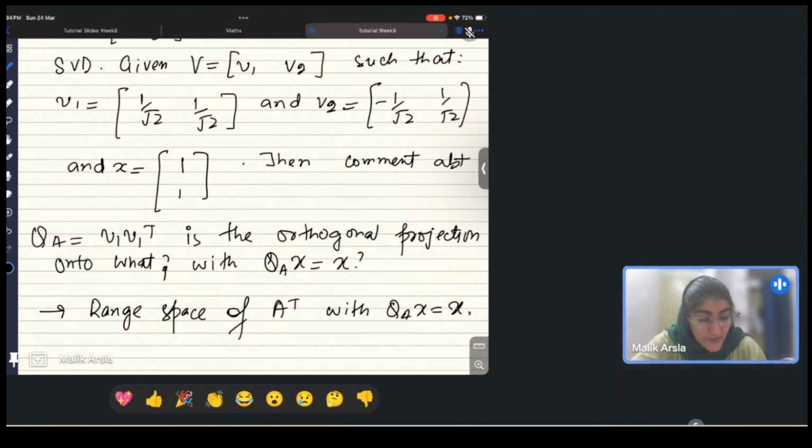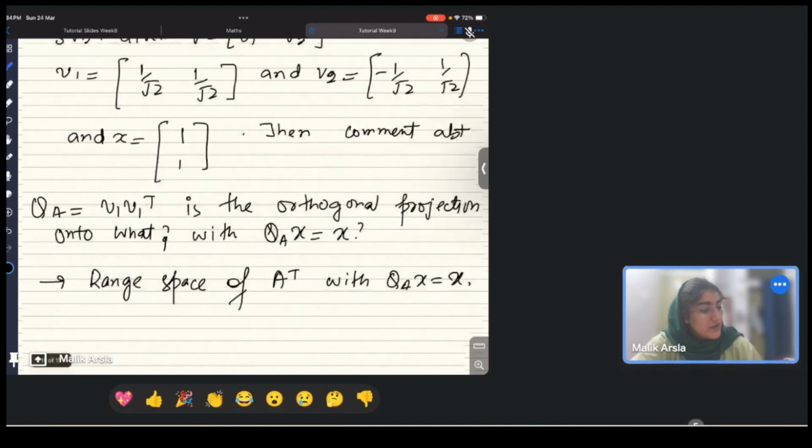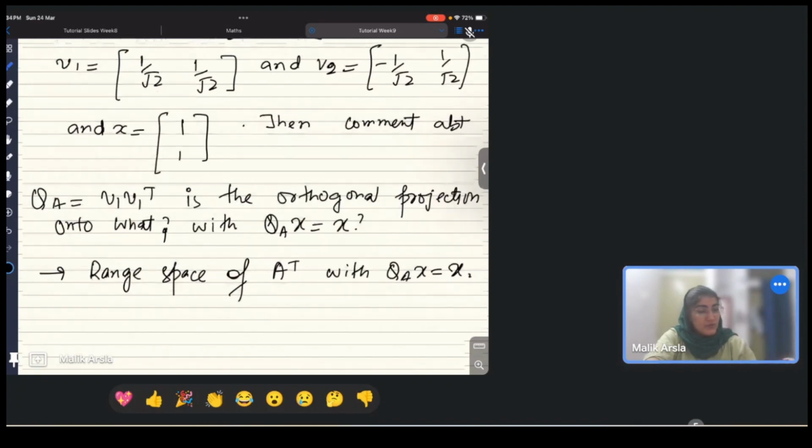It's given that QA equal to V1 into V1 transpose is the unique orthogonal projection onto the range space of A transpose, or onto the range of A, or onto the null space of A transpose, or onto the null space of A. So we know that QA equal to V1 into V1 transpose is the unique orthogonal projection onto the range space of A transpose. So this is the answer for it.